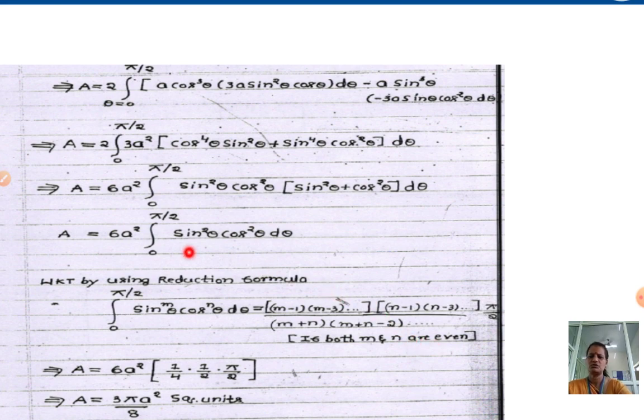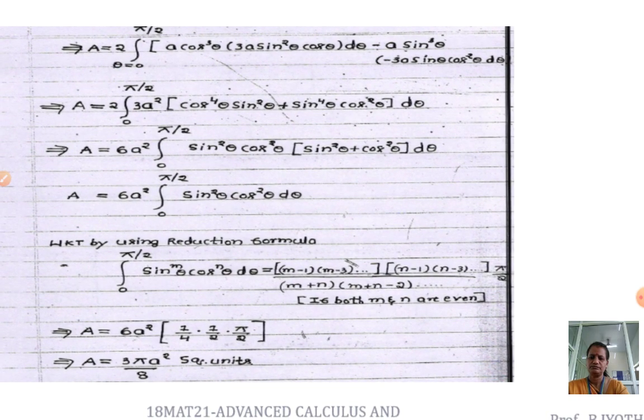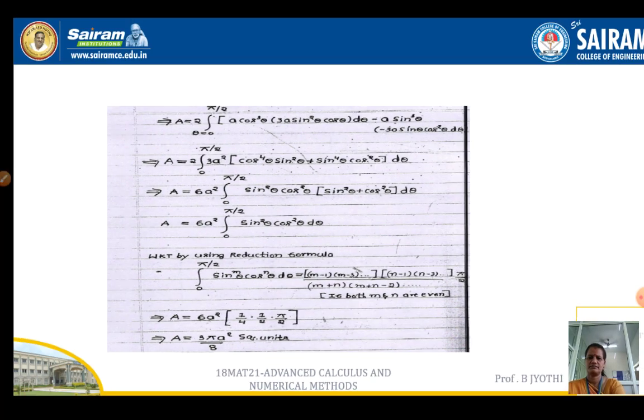This is very much suitable here because m is even and n is also even, both equal to 2. So when we substitute, 6a square times 1 by 4 into pi by 2. On simplification we will get 3 pi a square by 8 square units.